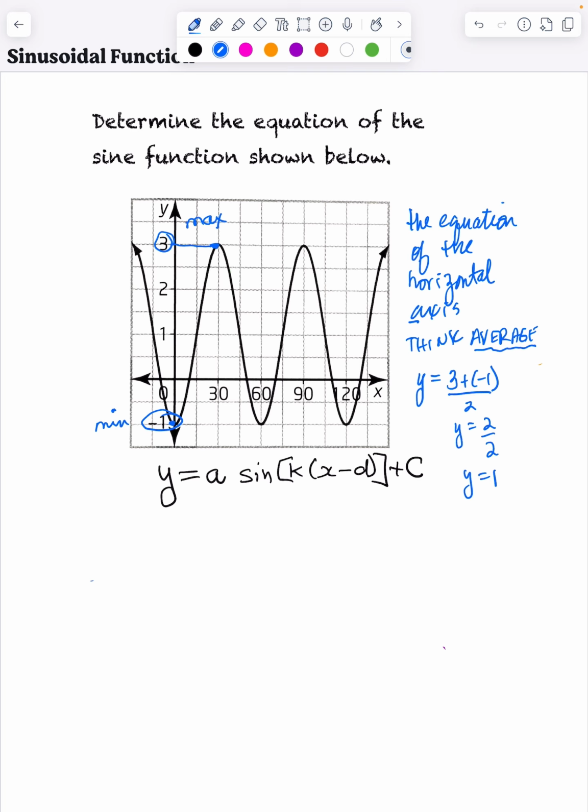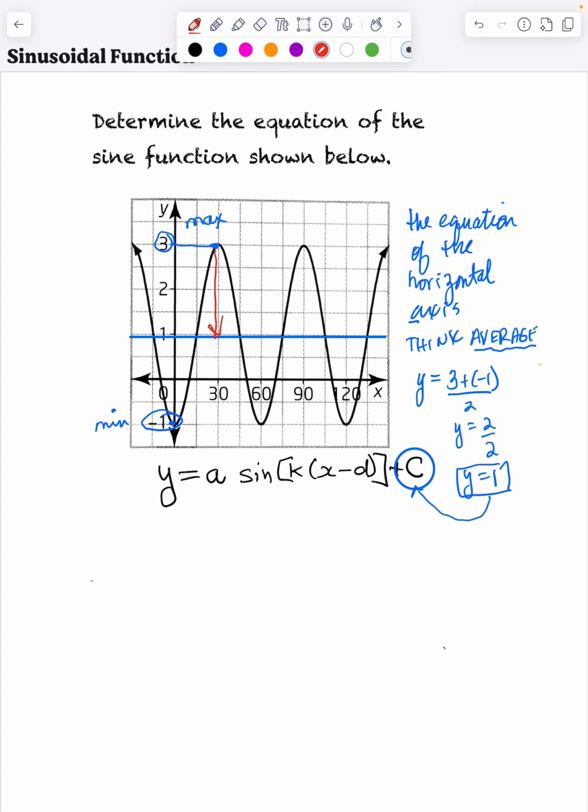So this y equals 1 is the horizontal axis. That goes right here. That's our horizontal axis, and this y equals 1 is the value of C. That's what goes here.